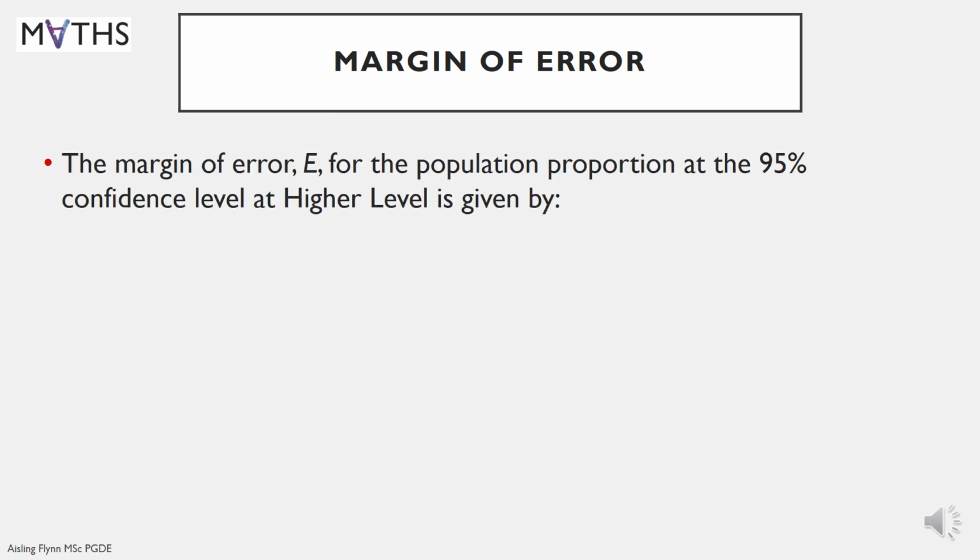So margin of error. We can use the standard deviation from the previous slide to get a margin of error for our confidence interval. The margin of error for the population proportion at the 95% confidence level at higher level is given by E equals 1.96 times the square root of p times 1 minus p over n. Some of this is familiar.